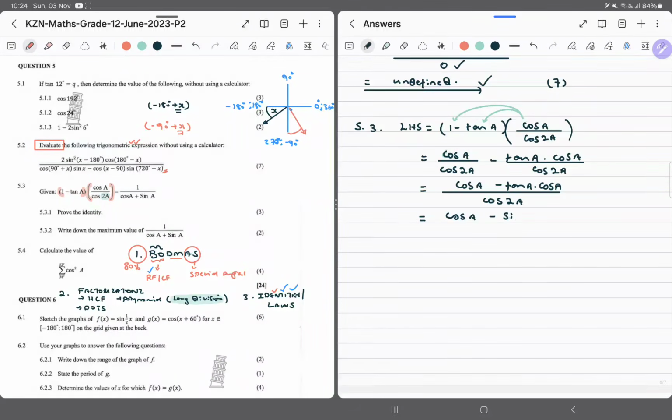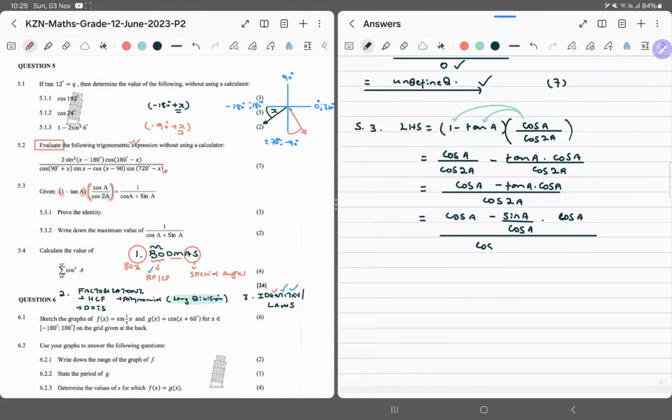Tan is sine a over cos a times cos a. All of that is divided by cos 2a.